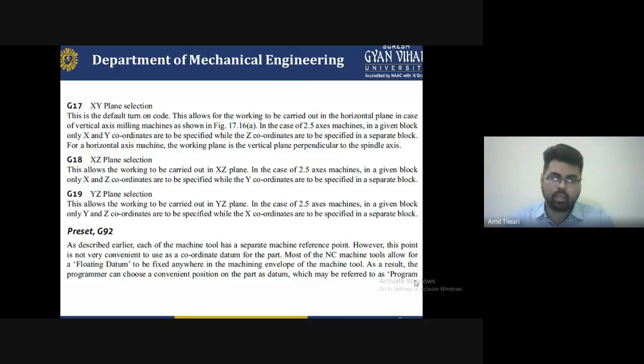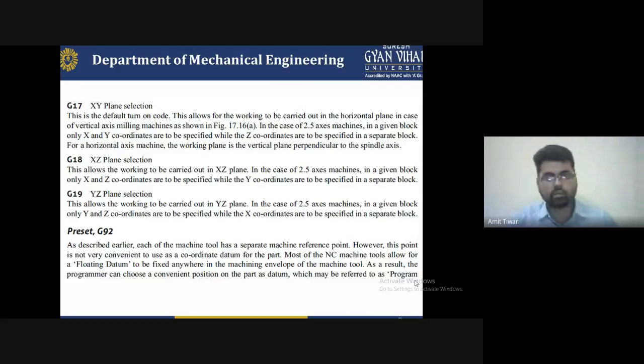So most NC machine tools allow a floating datum to be fixed anywhere in the machining envelope of the machine tool. As a result, the programmer can choose a convenient position for the part datum. These are the different sections you have to understand.